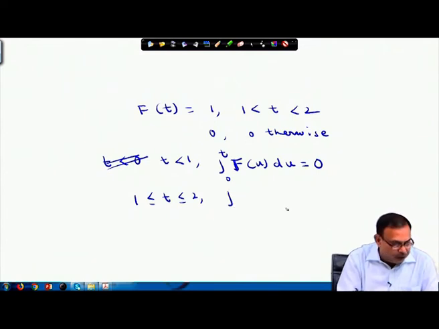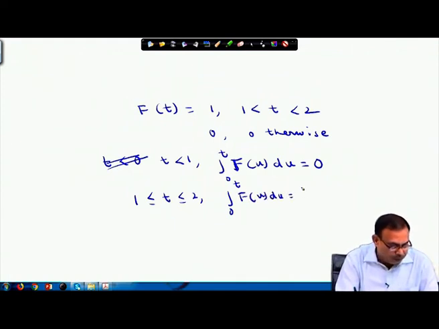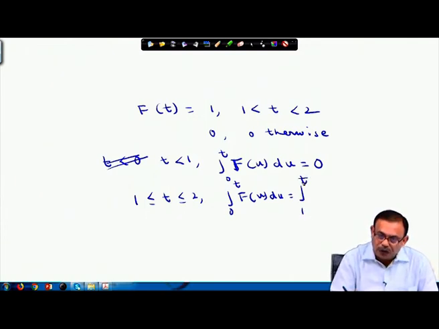Whenever t lies between 1 to 2, that is the integral from 0 to t of f(u) du, so basically from 1 to t, it is now coming 1 to t of f(u) du is 1, so 1 into du and your value will become t minus 1.